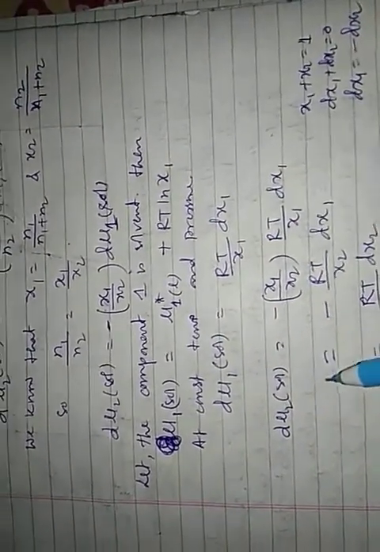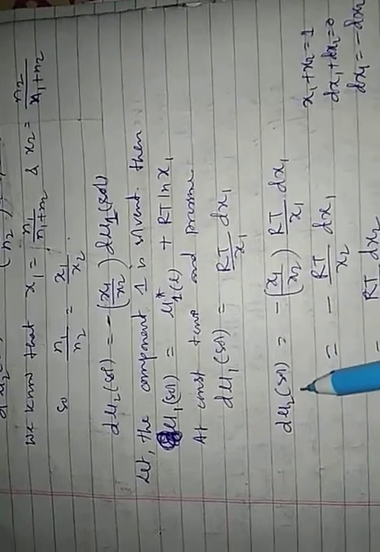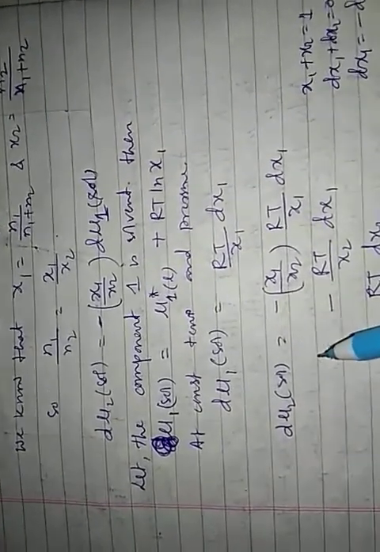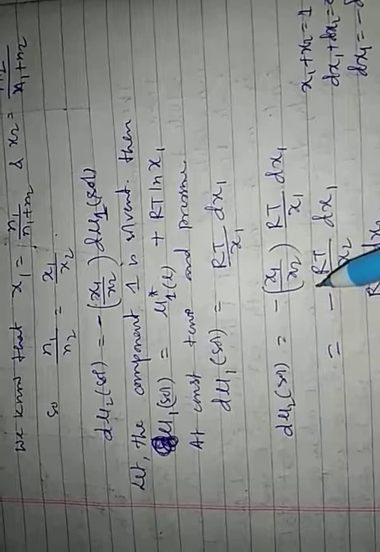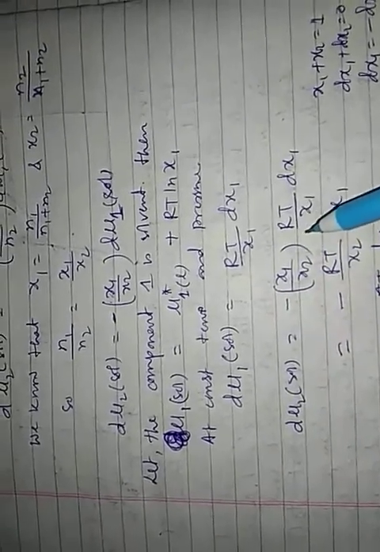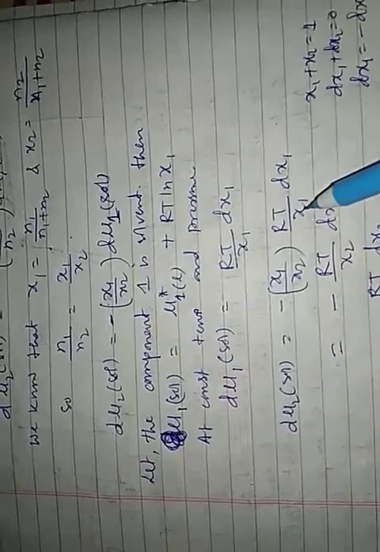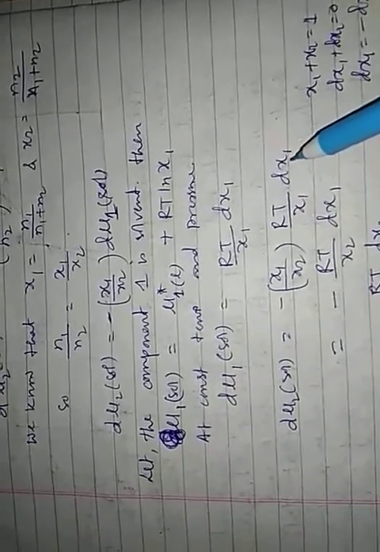Similarly, I can write d mu 2 in solution will be equal to x1 by x2 RT by x1 dx1. That is the thing.